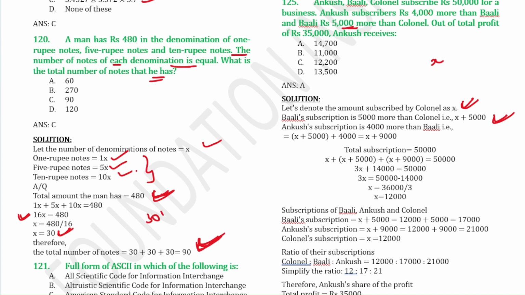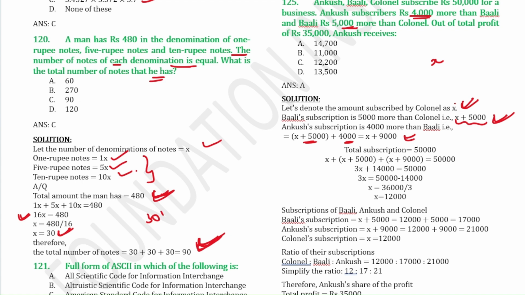And then for Ankush, he subscribed 4,000 more than Bali. For Bali, we're considering X plus 5,000, right? Then for Ankush, it will be X plus 5,000 plus 4,000, because he's contributing 4,000 more again. If you add this, you will get X plus 9,000. So these are the amounts of Ankush, Bali, and Colonel.